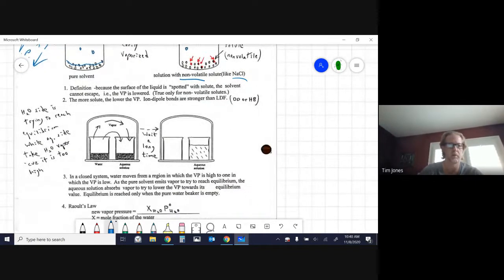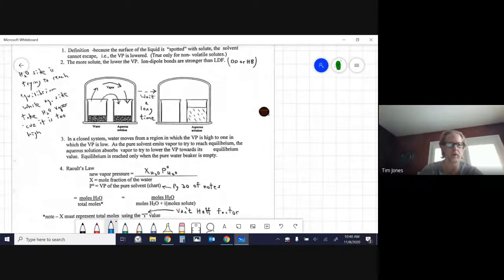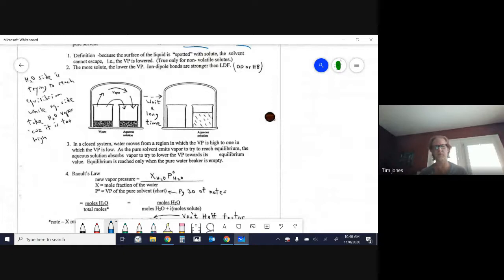Okay. You look at this picture here. This is an interesting scenario that I don't think you would expect to happen. So let's say you have water here, just pure water. And then over here on the right beaker, I'm still in the left picture, but the right beaker, right here.